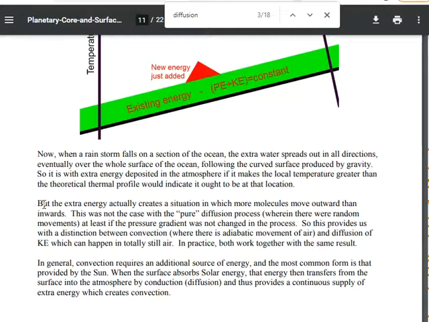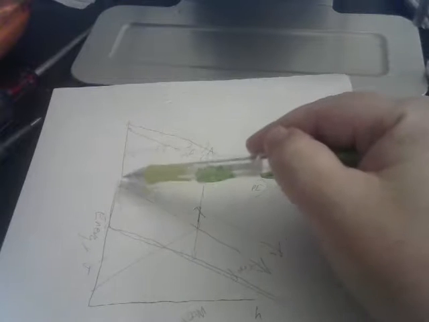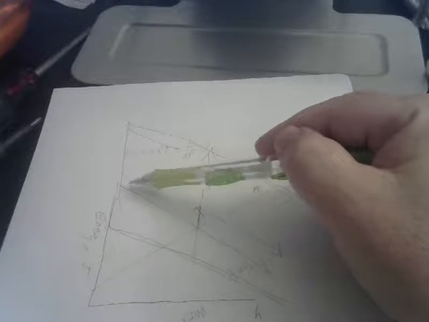So he says, but the extra energy actually creates a situation in which more molecules move outward than inward. Is that true? Okay, where was I? I left for a little bit, but it says the extra energy actually creates a situation in which more molecules move outward than inwards. And I'm seeing that raising the kinetic energy to a larger value will make those molecules be warmer.